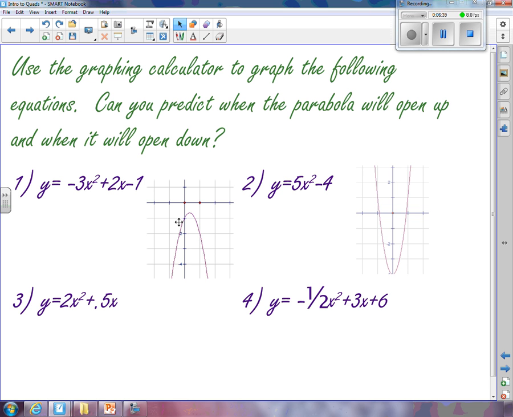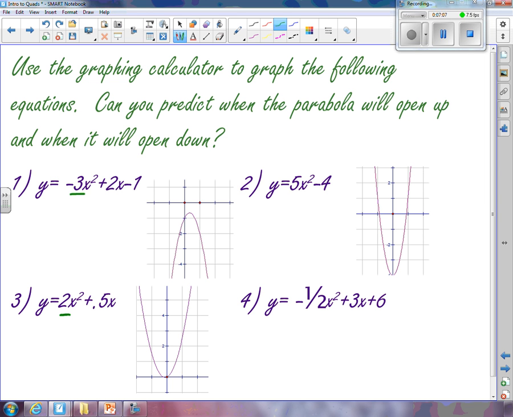If I graph that, you can see it's facing upward, the U is turning up, and it's also skinnier than a normal parent graph. If you look at this graph, y equals 2x squared plus 1/2 x, this graph is a little bit skinnier than normal, but it's wider than the previous two. The reason for that is because this number, the quadratic coefficient, is 2 here.